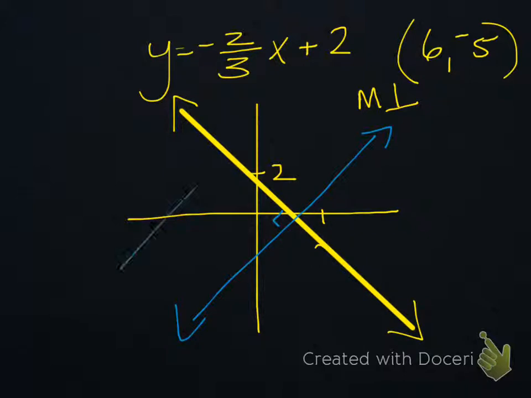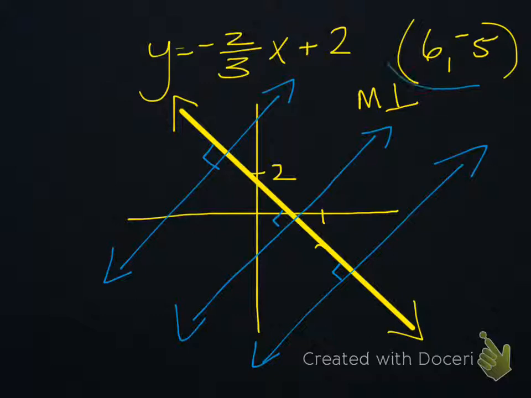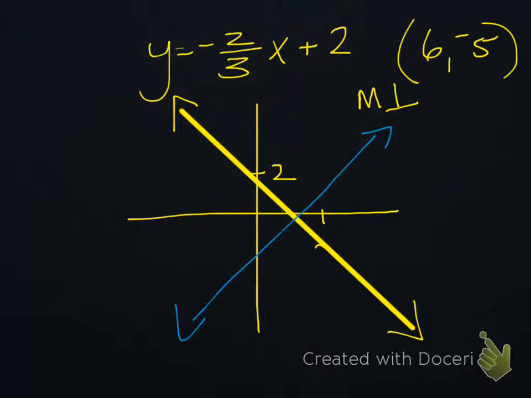But is it going to be up here? Is it going to be down here? Because all of these form 90-degree angles on the yellow line. It's a matter of where it hits. It's got to be perpendicular and hit at 6, negative 5.